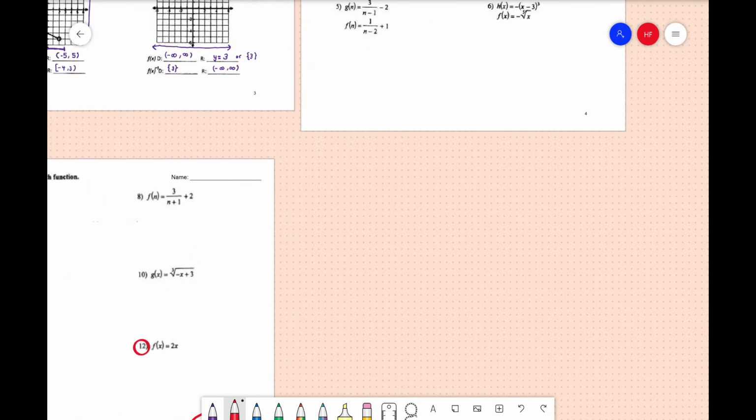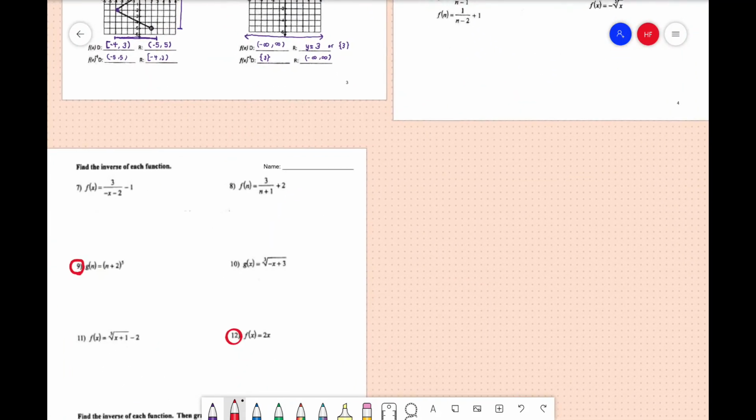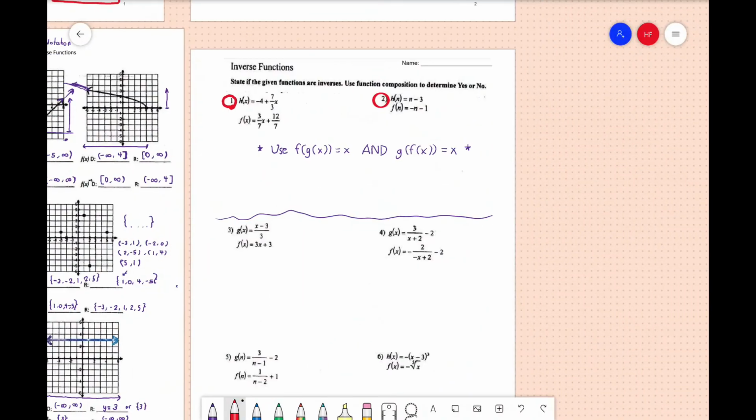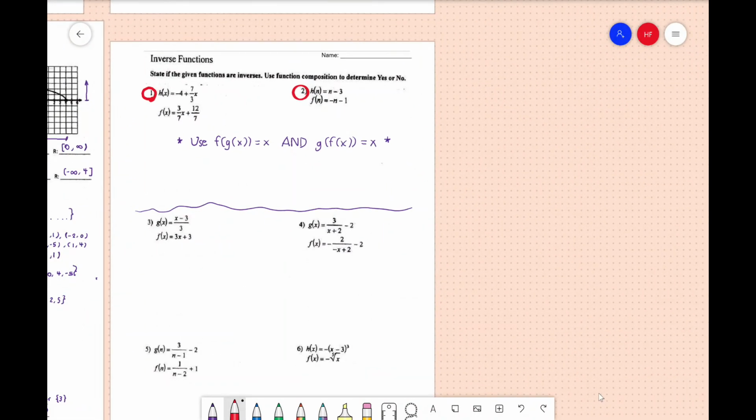Since this is the weekend, you'll just have 4 problems, sorry. So we'll do 9 and 12, 1 and 2. So 1, 2, 9, and 12, and then you'll be done. As always, make sure that your name is visible on both pages in order to get credit.